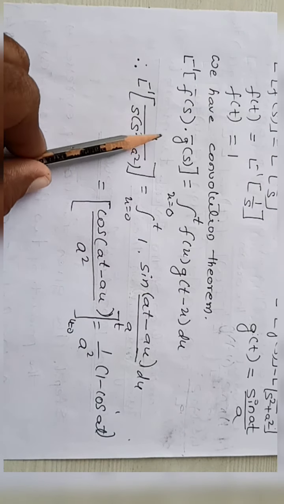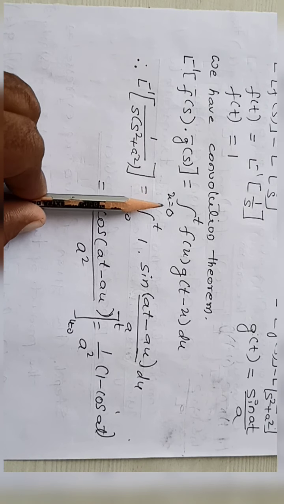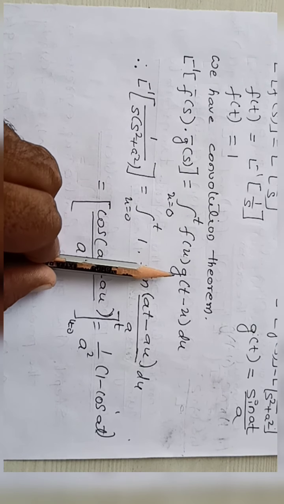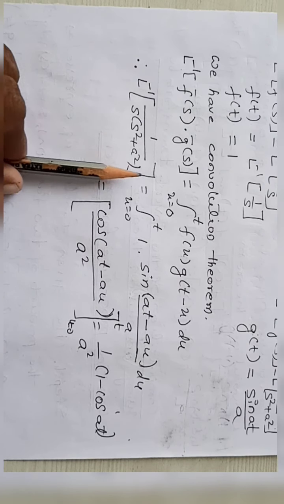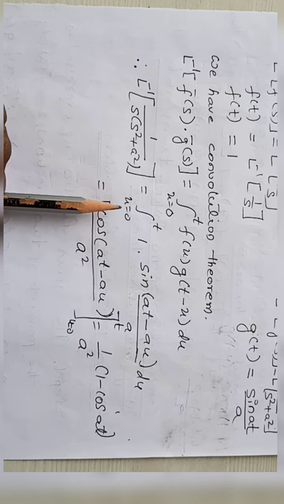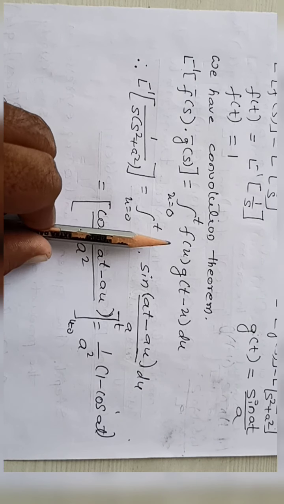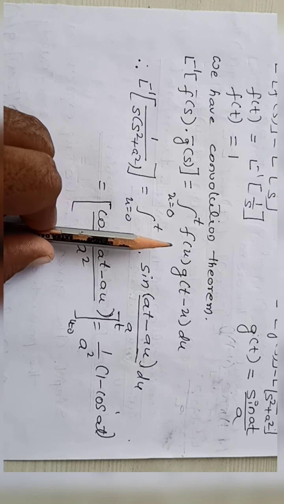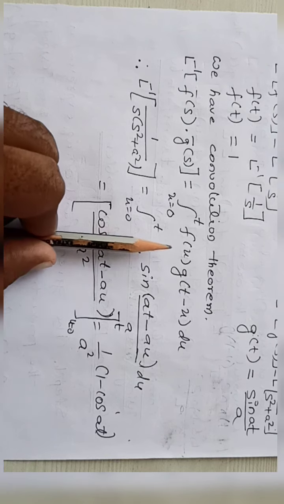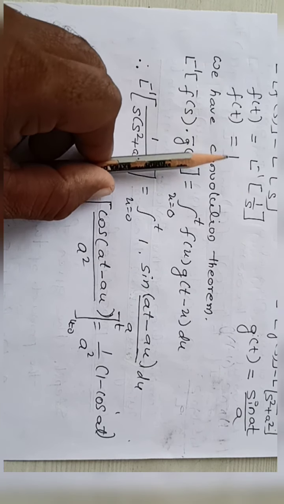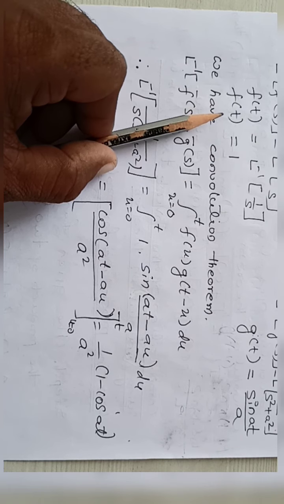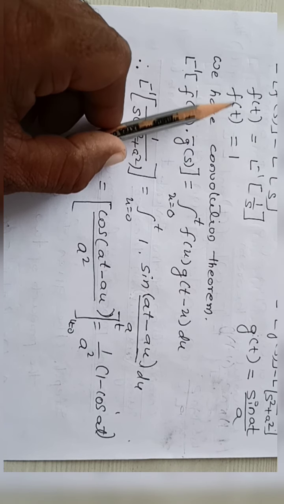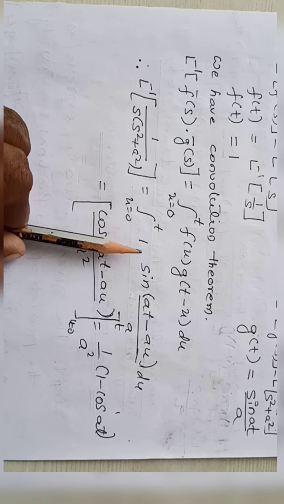Next we have to apply the convolution theorem. Laplace inverse of f bar s g bar s is equal to integration u is equal to 0 to t f of u g of t minus u du. Laplace inverse of this given function is equal to integration u is equal to 0 to t. Next, f of u: f of t is equal to 1, so f of u is equal to 1. We have to insert u in place of t, then f of u is equal to 1.